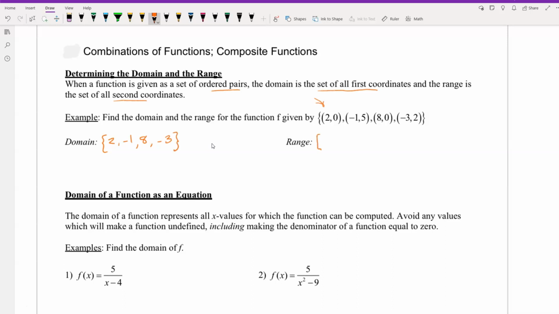Range is the set of all second coordinates. So here we have 0, 5, 0, 2. So 0, 5. I'm not going to repeat 0, so I'm not going to rewrite 0. So this is our answer for range.